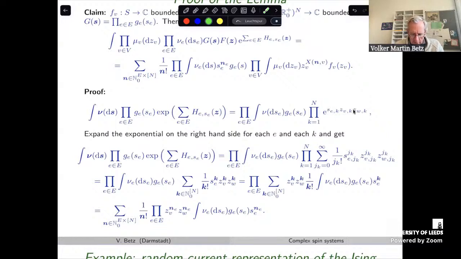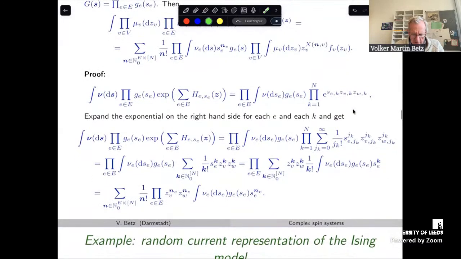You first write this exponential, which still has components 1 to n, as a product of exponentials, and then you just expand. And then the only thing that is noteworthy is you expand this for each k, then you pull this sum through the product, and whenever you pull a sum through a product, you get a sum over occupation numbers. That's somehow the rule.